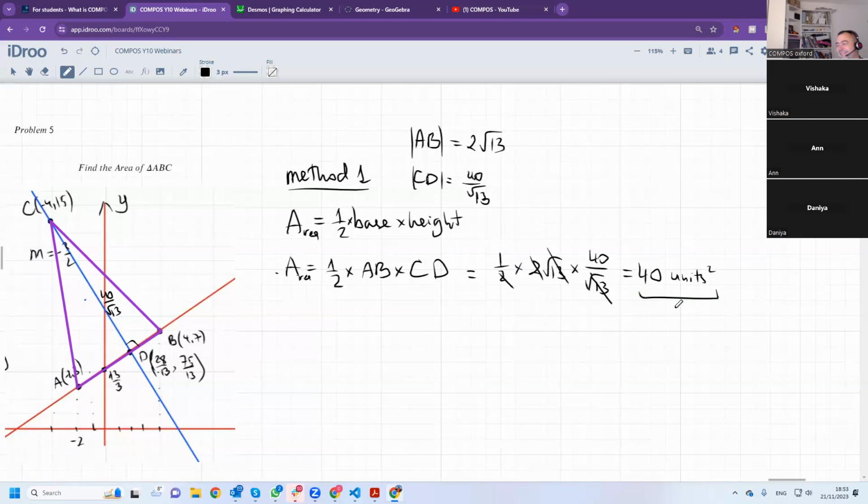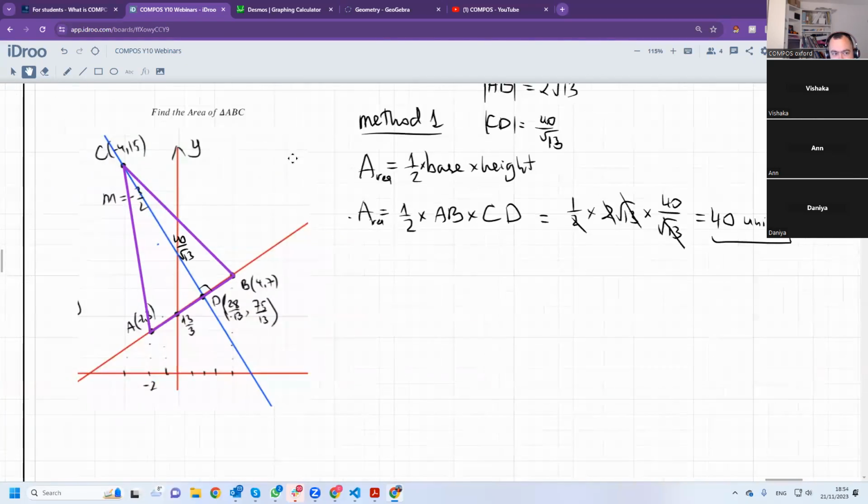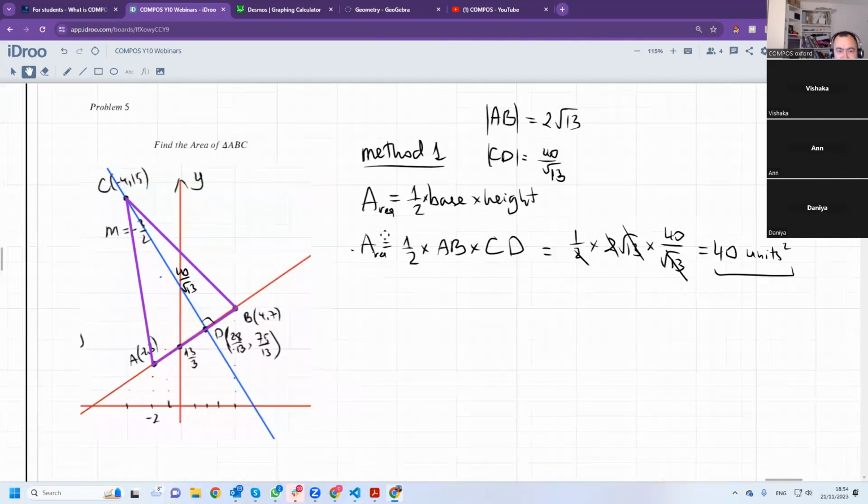Interesting. Another reason why I always try to stick with exact values, surds, because you see what happened. I got a perfectly valid answer there. And actually, I've chosen the points randomly.